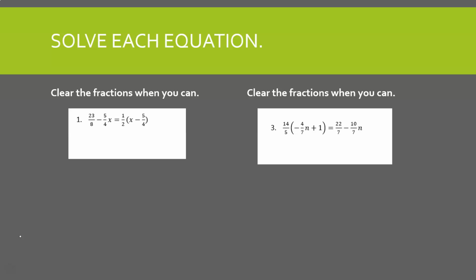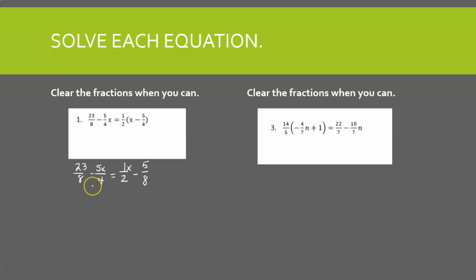So I like to clear the fractions out. So I'll work through both of these and show you how I clear them out. So I'm going to distribute first. And I always bring my x's up to the numerator so I don't forget about them. So when I distribute, I have 1/2 x minus 5/8.